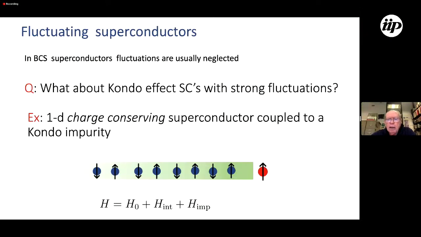Now, the question that we ask is, the BCS is a good theory in 3 dimensions, and mean field theory works for BCS. But what would happen if we want to understand the Kondo effect in a superconductor with strong fluctuations?